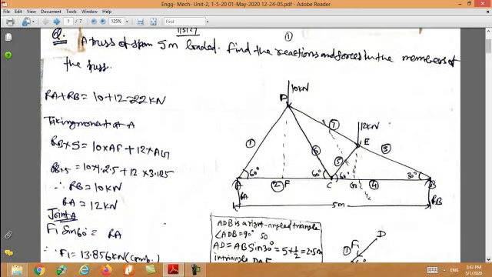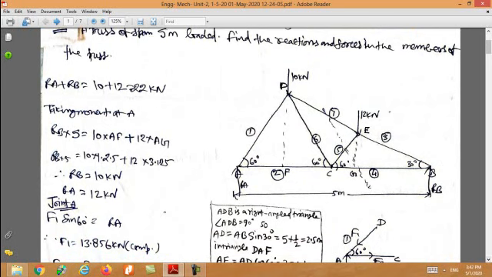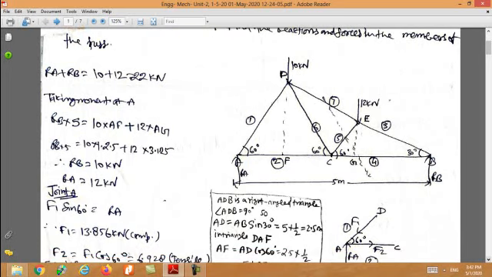The process is the same. First, let Ra and Rb be the reaction forces at A and B. Ra plus Rb is equal to 10 plus 12, 22 kilonewtons. Taking moments at A, the moment of the 10 kilonewtons requires the distance AF, and the moment of the 12 kilonewtons requires the distance AG.